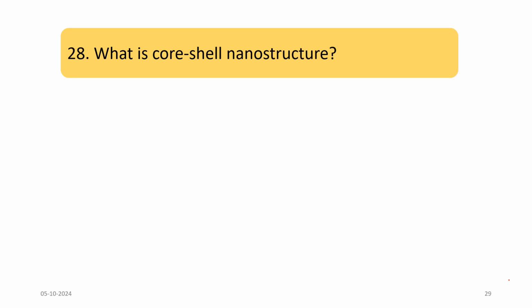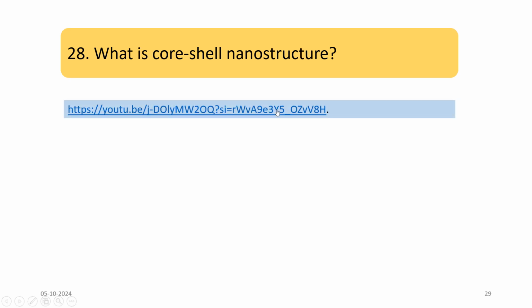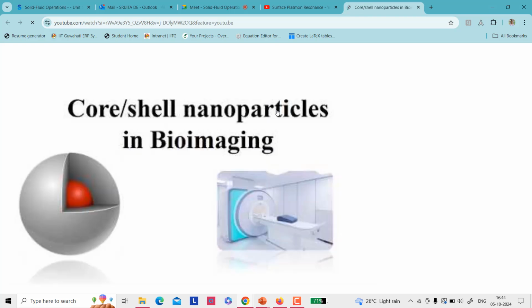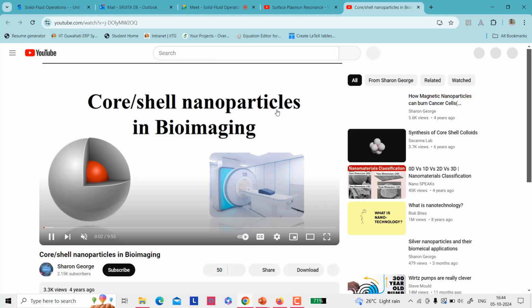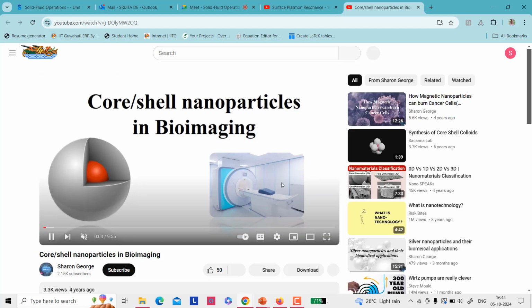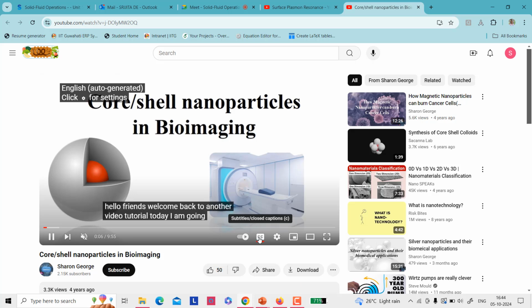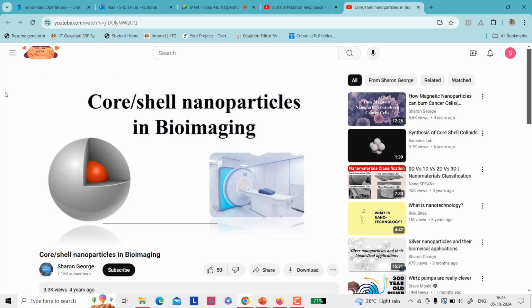In general, simple nanoparticles are made from a single material, whereas core shell nanoparticles are composed of two or more materials. Core shell nanoparticles consist of a core that is the inner material and a shell that is the outer material.